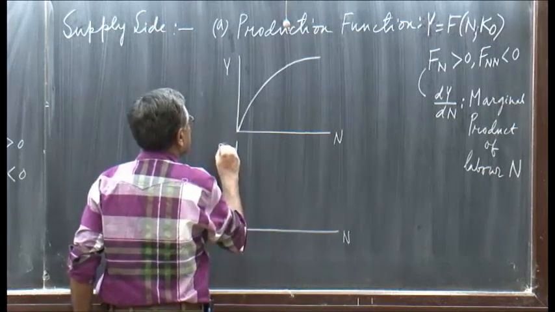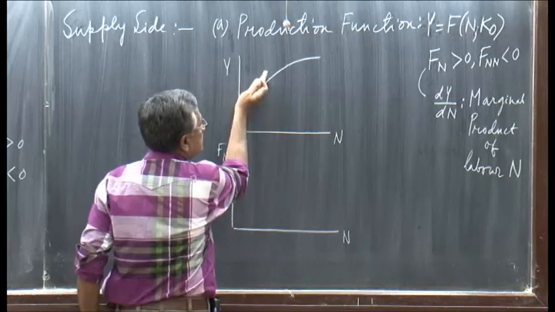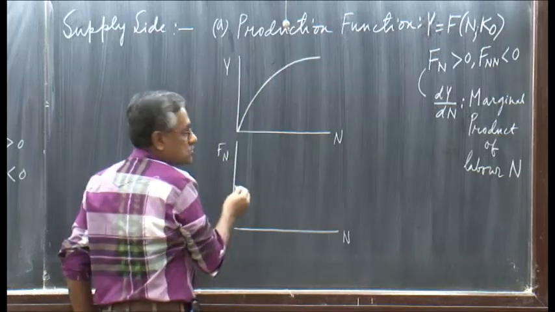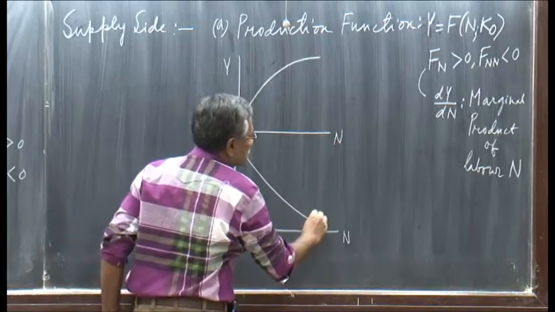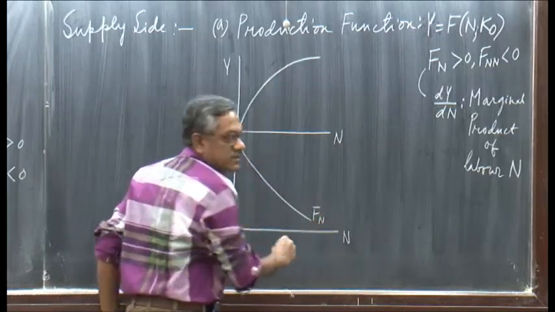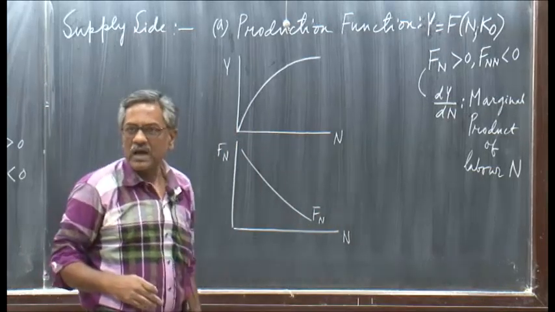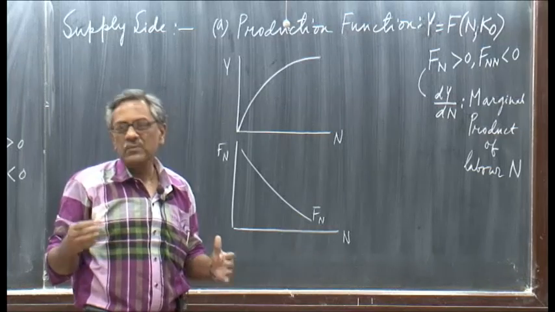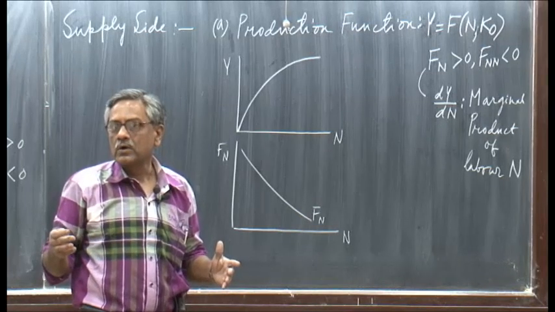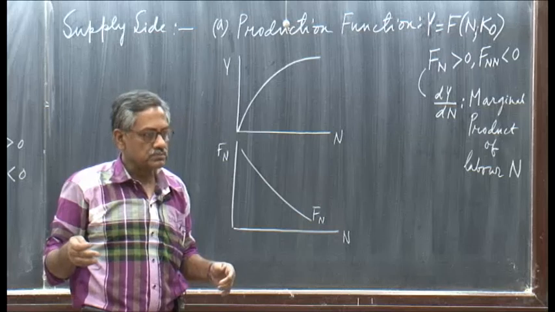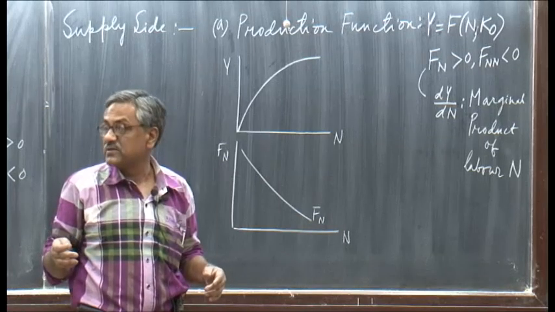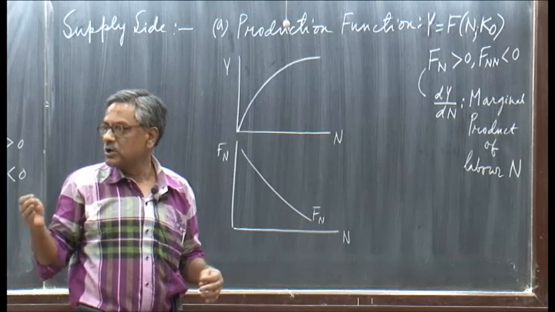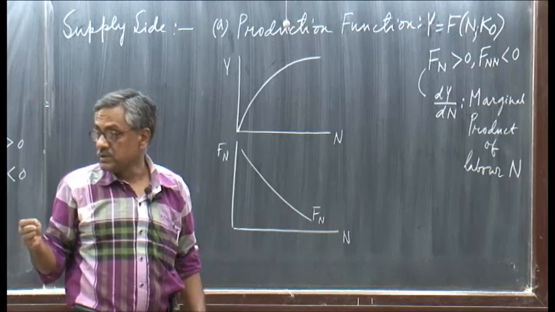If you draw the Fn line here, you can see the tangent is getting flatter. This is called diminishing marginal product. What happens is, in relation to the fixed capital, if you keep on hiring more people, productivity starts falling. It's no longer capital that efficient. So marginal product of labor starts falling, diminishes.